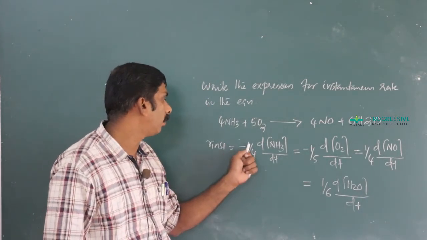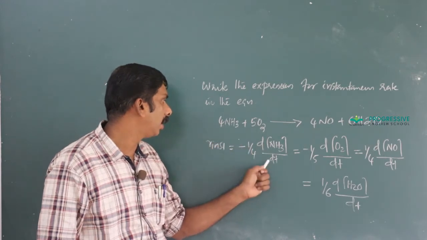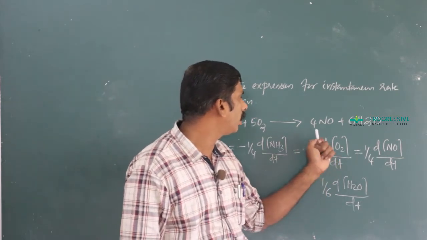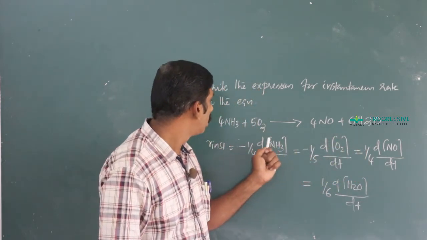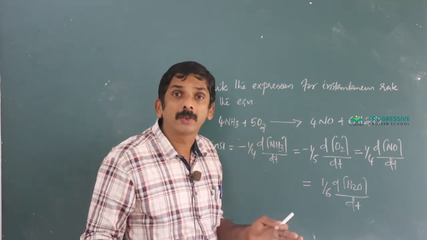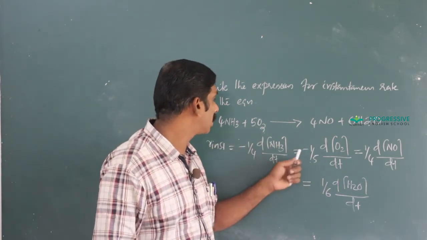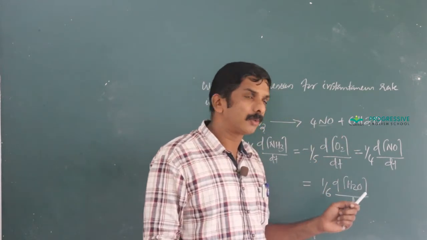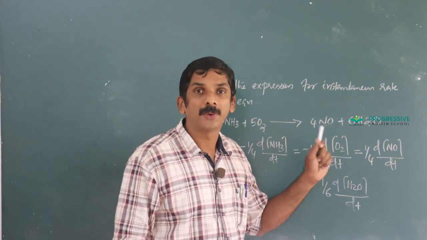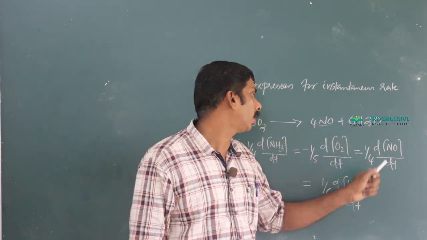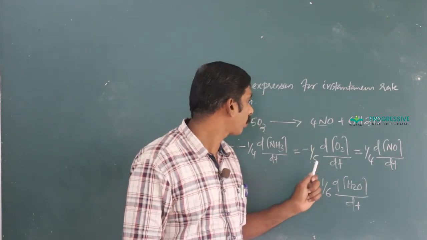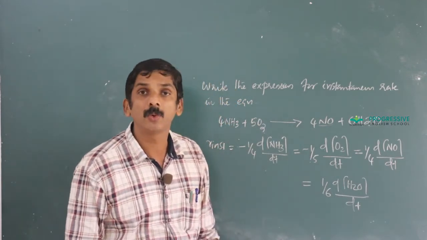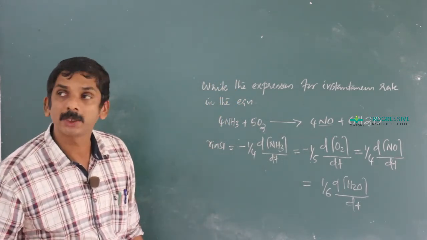Since ammonia and oxygen belong to the reactant side, you can see there is a negative sign. NO is nitric oxide, one of the oxides of nitrogen, don't read it as 'no'. And here water: 1 by 4 dNO by dt equals 1 by 6 dH2O by dt. That is the expression.